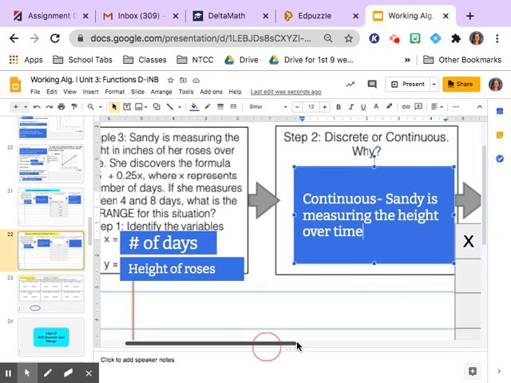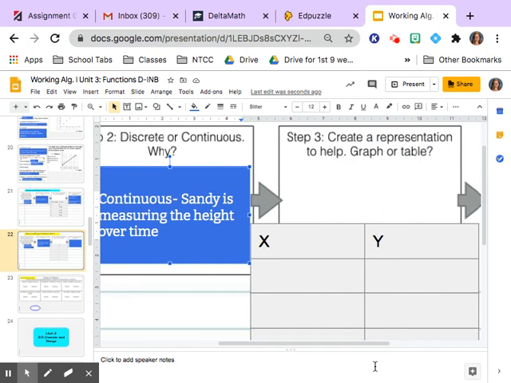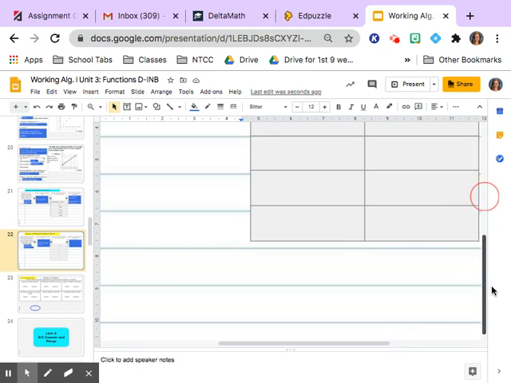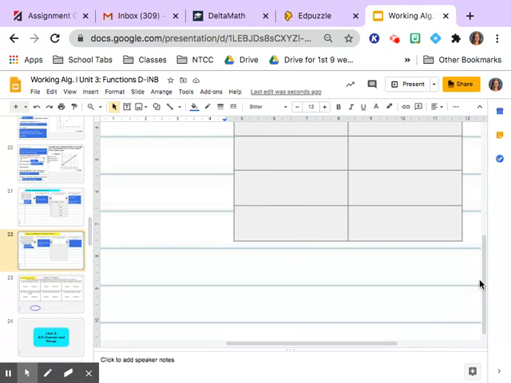All right, it says create a representation to help, a graph or a table. It'd probably be more helpful to do a graph, but I don't have a graph on here.